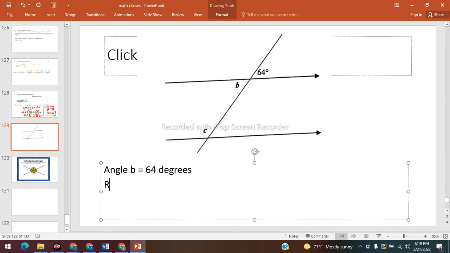And the reason is because vertically opposite angles. We just have to find the missing angle. We're just doing interior angles today.